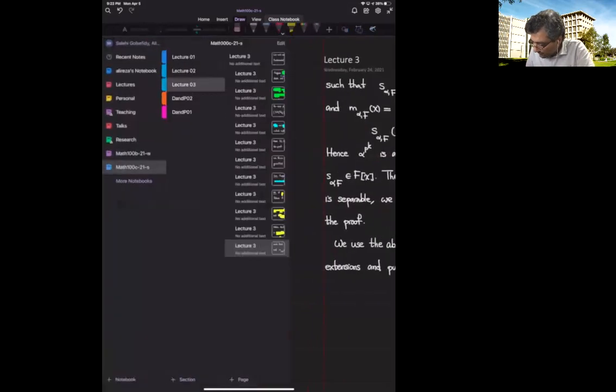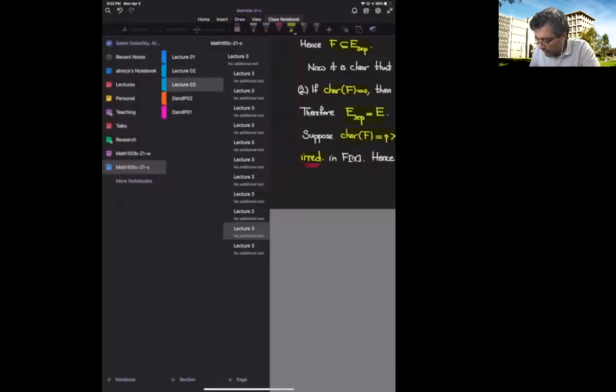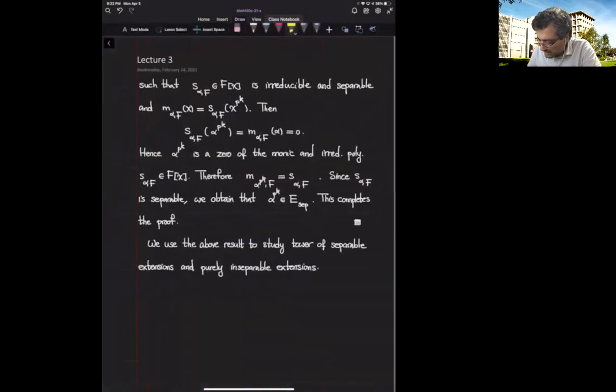Now this minimal polynomial is irreducible, so it has a separable form. Let's call the separable form S sub alpha comma F. This is a polynomial in F[x] that is irreducible and separable.